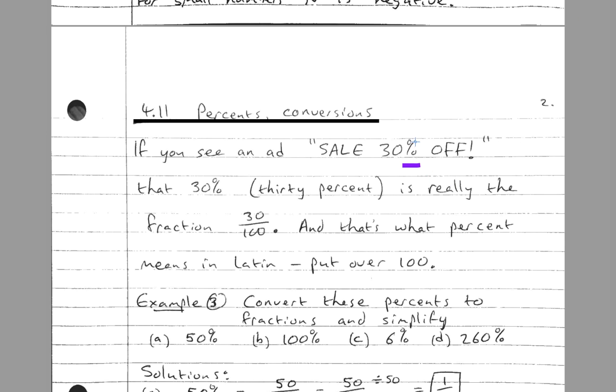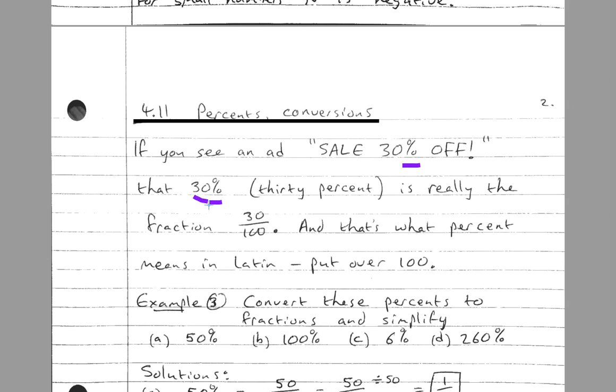Okay, so this is the percent symbol. It looks a bit like division, but, well, I guess it is division, division by 100. Here it means percent, so 30%, it's really a fraction.